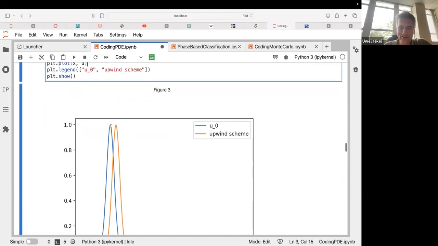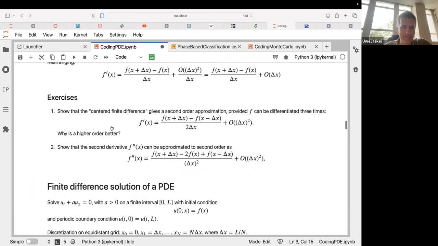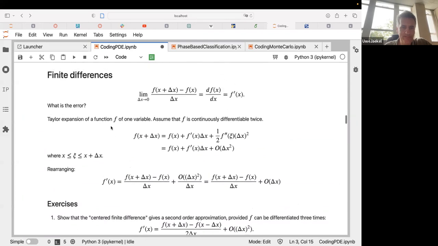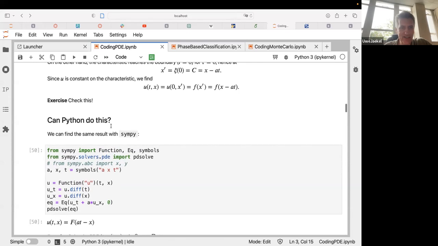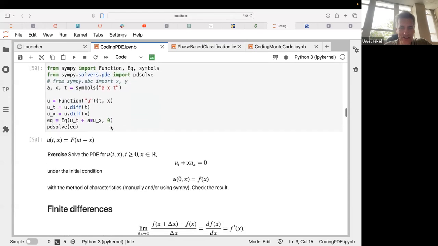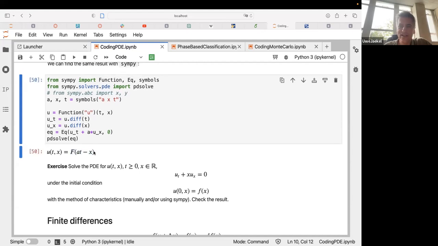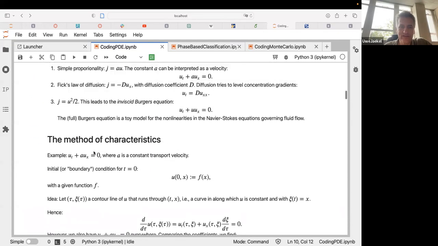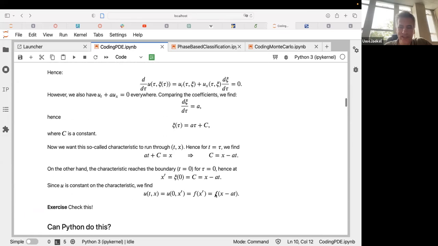What should be the solution? What do we expect? We have solved the problem analytically using the method of characteristics. And the method of characteristics says it's the initial condition, but evaluated at position x minus at.